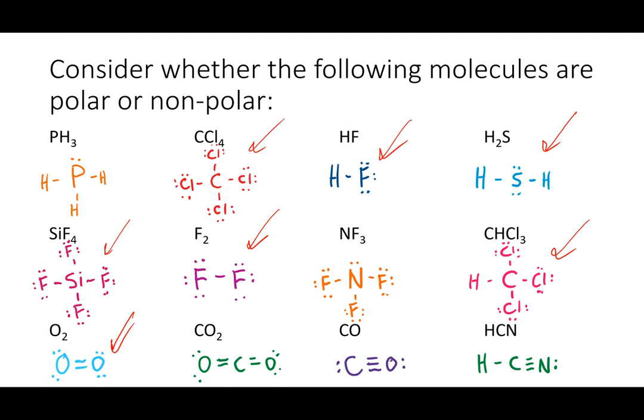Some of them have a trigonal pyramid shape, like that one and that one. This one's also linear, and this one is linear as well. And this one. So you should be able to determine the shape by looking at the Lewis structure. That is something we've practiced. Now, once you know the shape, you can determine the polarity pretty easily by looking at the symmetry. So go ahead and list whether these are polar or nonpolar. Pause the video and we'll start back up on the next page.